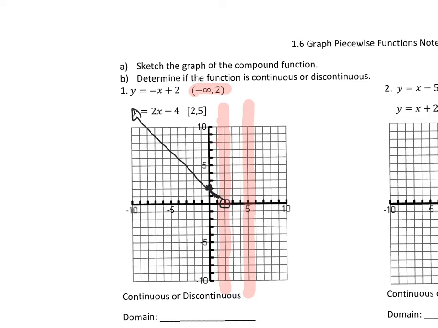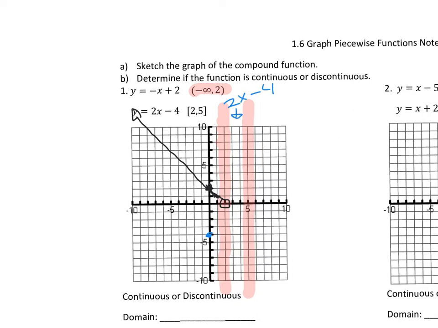Now, the next part of my graph goes ahead and says that we're going to go from 2 to 5, okay? Now, it starts at negative 4, okay, so down here. But you'll notice, though, that this particular part of the graph, this 2x minus 4, is only going to exist in between these two red lines.